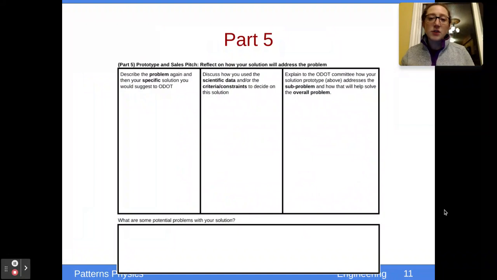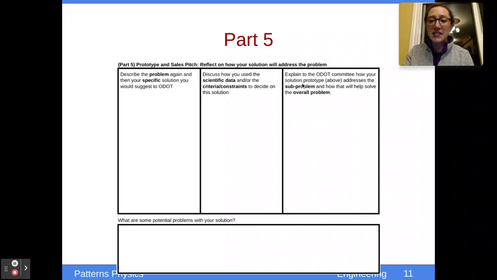I actually don't have too much to say for part 5. I think that people have found that once you've gotten this far, you feel pretty seamless with this. So the only thing that I got some questions about was this part right here. Explain to the ODOT committee how your solution above addresses the subproblem and how that will help solve the overall problem.